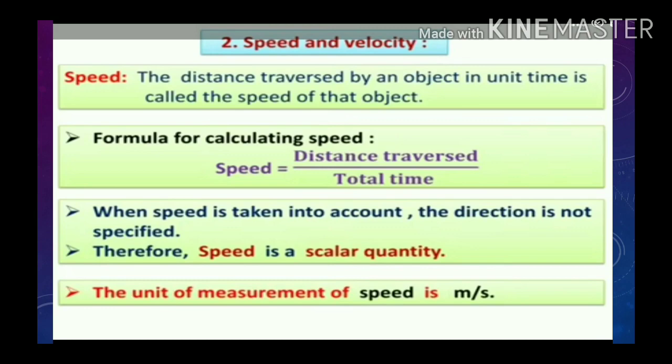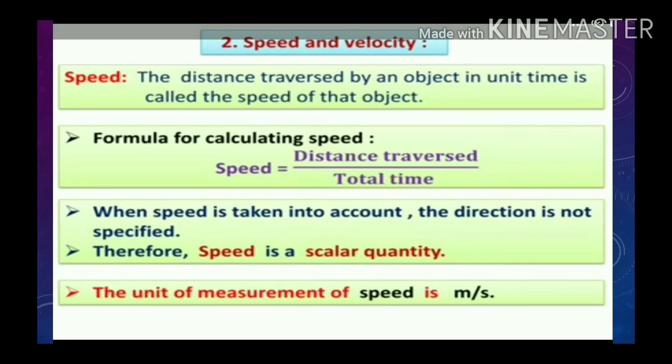Children, in the last chapter we learned scalar quantity and vector quantity. A scalar quantity is a quantity that can be completely expressed by its magnitude alone, that means a value with a unit. Here in my example the value is 40 and the unit is kilometer. Only this is sufficient to explain the speed.